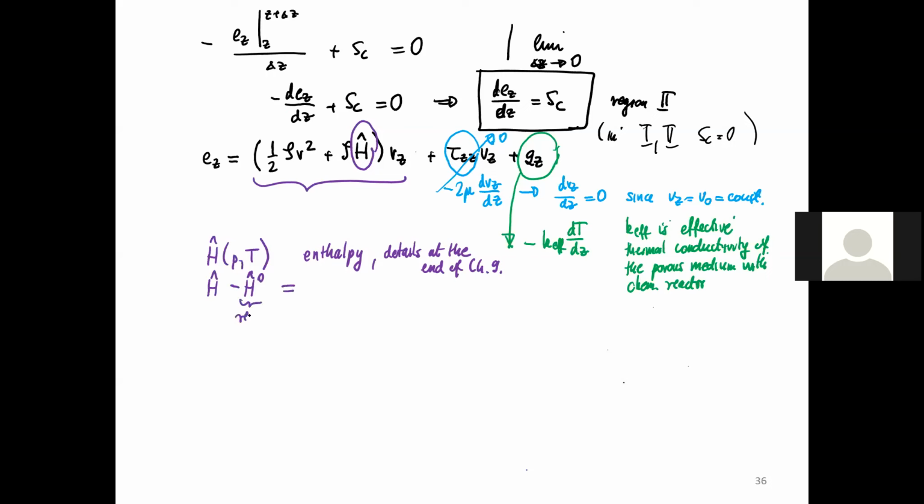So this is the reference state, because this formula was obtained by integration. So from T0 to T of Cp dT plus, from P0 to P of V minus T dV dT.